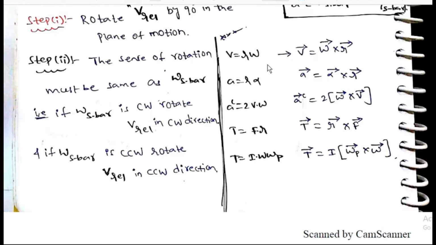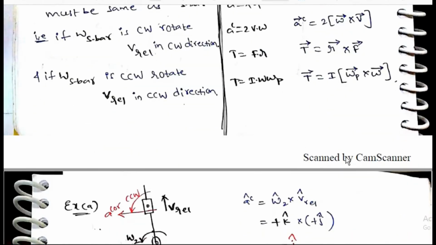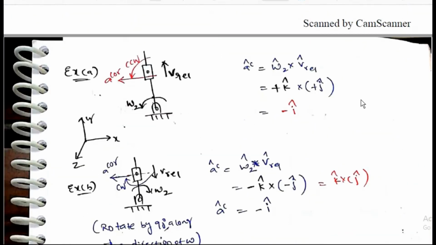V is equal to R omega, V bar is equal to omega bar cross R bar. A is equal to R alpha, A bar is equal to alpha bar cross R bar. AC is equal to 2 V omega, AC bar is equal to 2 omega bar cross V bar. T is equal to F R, T bar is equal to R bar cross F. T is equal to I omega omega P, T bar is equal to I omega P bar cross omega bar.